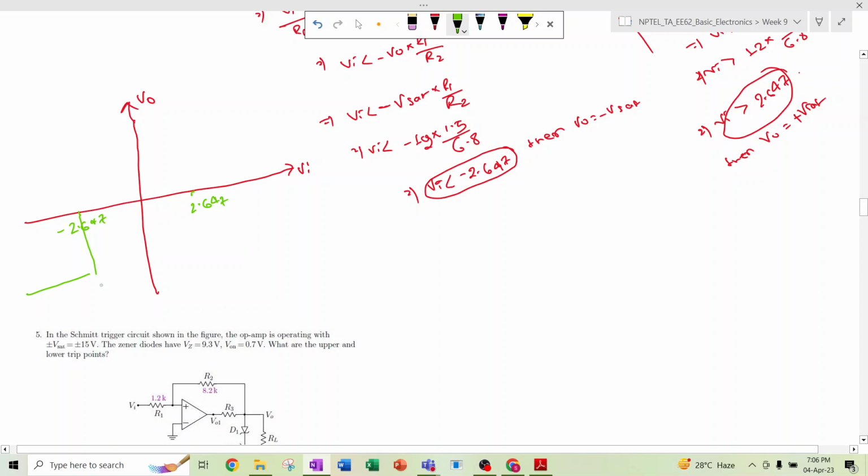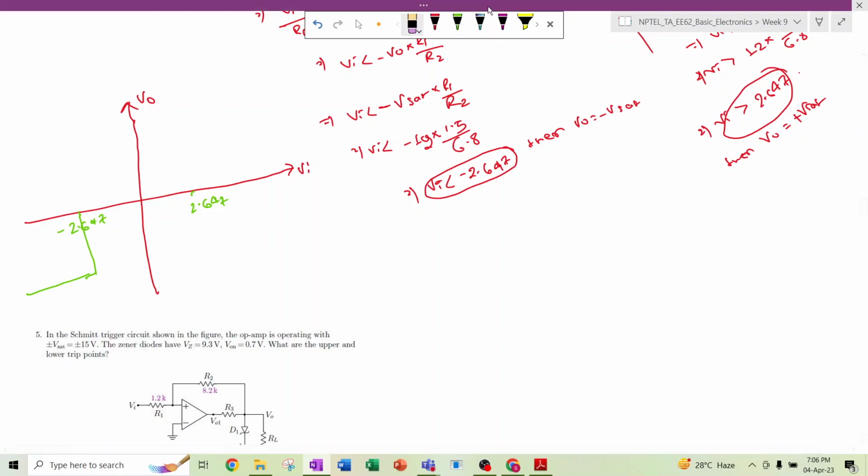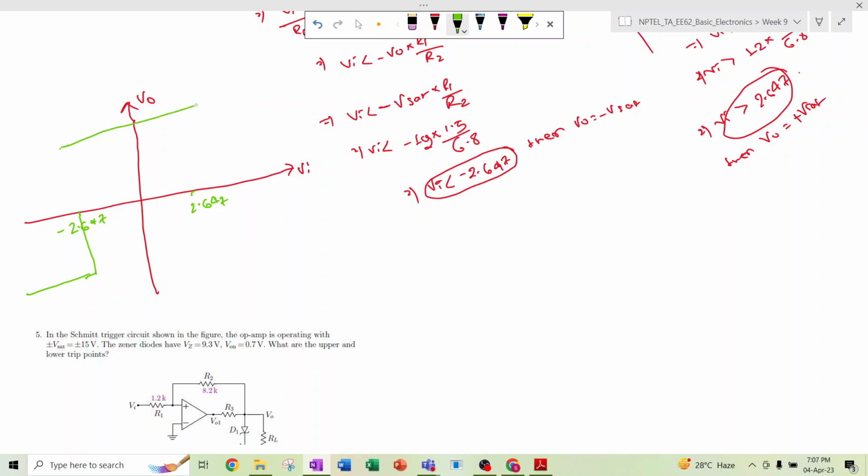So previously it was plus VSAT and then it becomes minus VSAT. So at first it was plus VSAT and now it becomes minus VSAT.